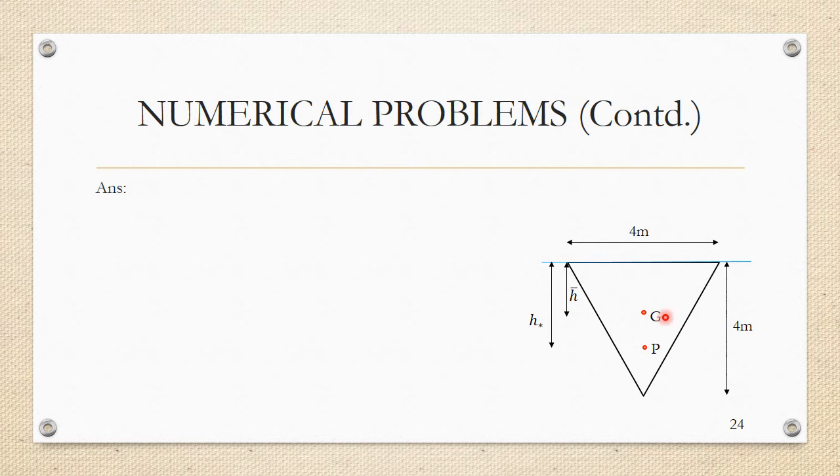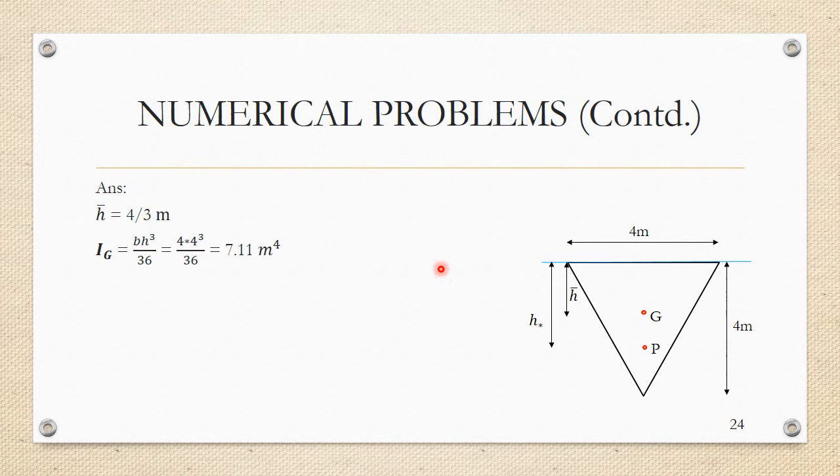G is at a distance of h bar from the free surface and P is at a distance of h star from the free surface. Now finding it out, h bar is 4 by 3 meter because h bar is h by 3, as we discussed. It is at a distance of h by 3 from the surface.